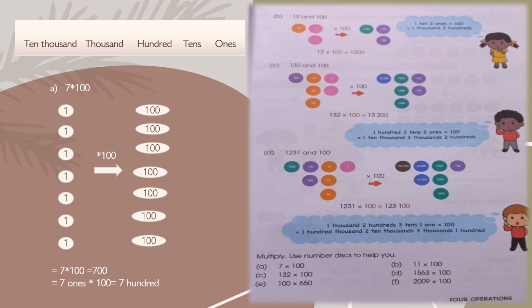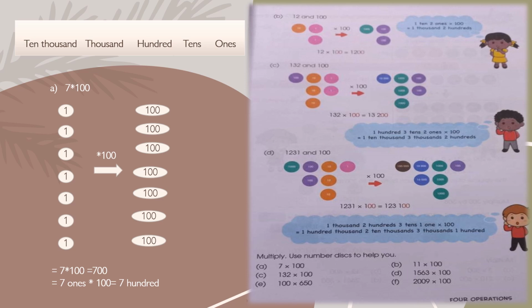When 100 is going to multiply by 100, we have 10,000. And when 10 is going to multiply with 100, we have 1000. So we have 1 disc of 100,000, 2 discs of 10,000, 3 discs of 1000 and 100.